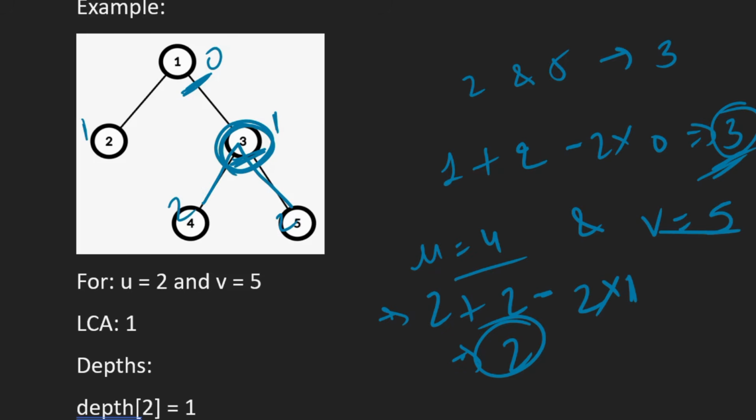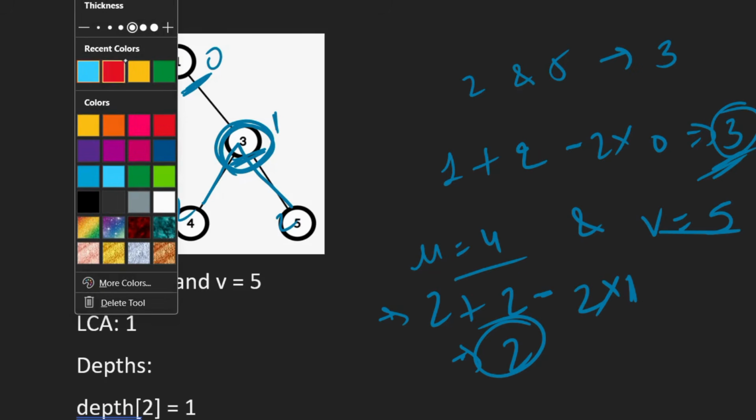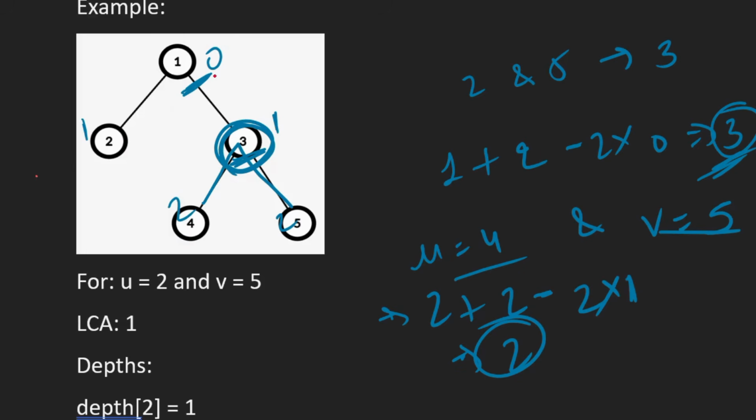So if we see, depth is basically giving the number of edges from the root node, right?